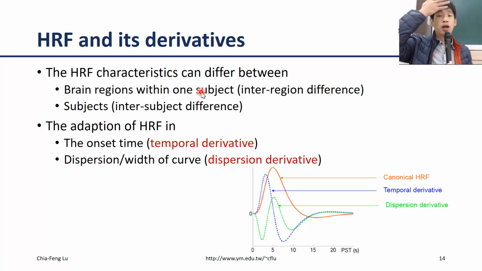For example, the prefrontal lobe may have a different HRF compared to the occipital lobe. So we say there may be an inter-region difference even within one subject. And also between subjects, or we say inter-subject difference may also exist. For example, a younger subject and an elder subject may have different vascular responses for sure.